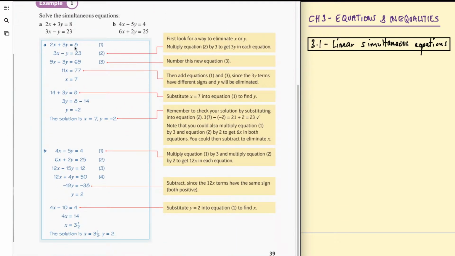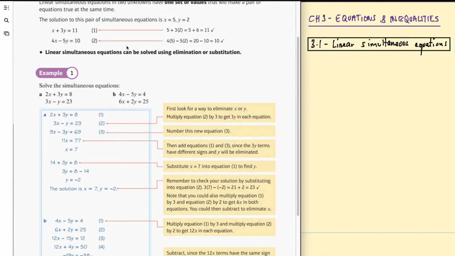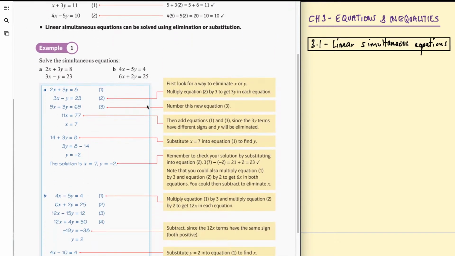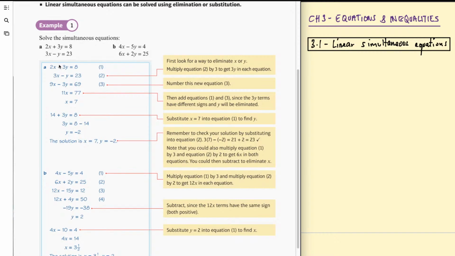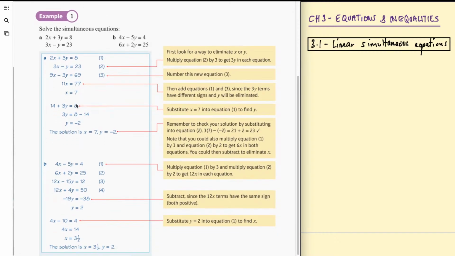So here's an example. What have they even done here? They've multiplied it by 3, but they haven't described that in any way. So they're using elimination. They multiplied this second equation by 3. They subtract them and get a value for x. They plug it into one of the equations and get a value for y.